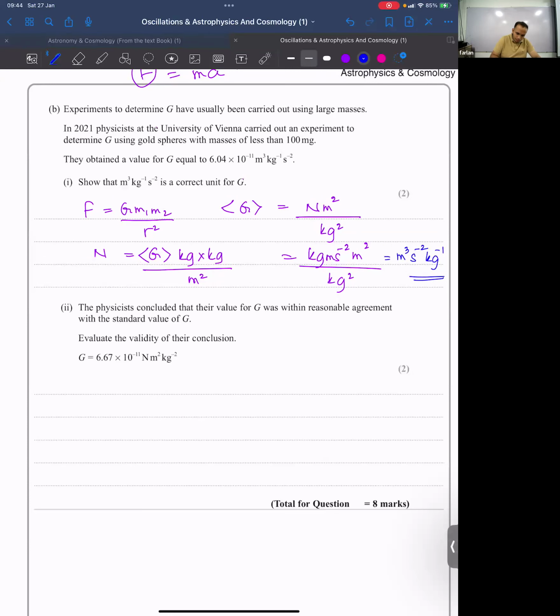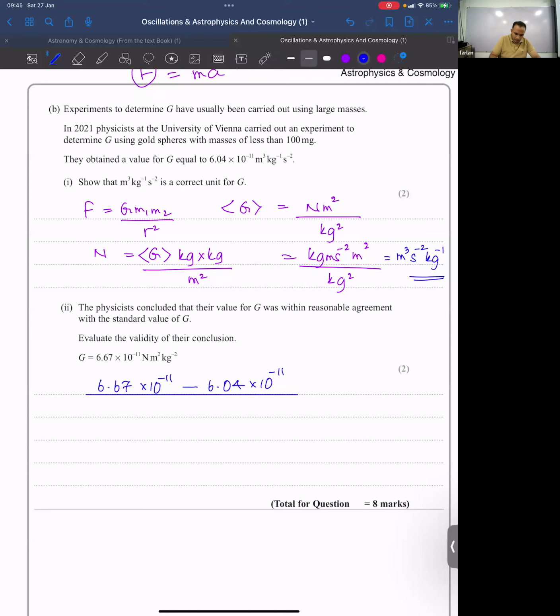So guys, 6.67 into 10 to the power minus 11 minus 6.04 into 10 to the power minus 11 is the difference.